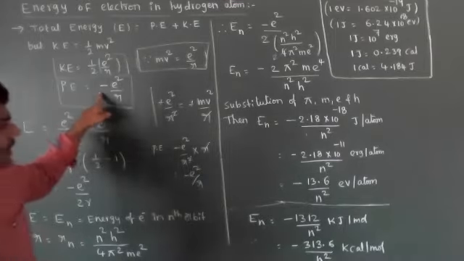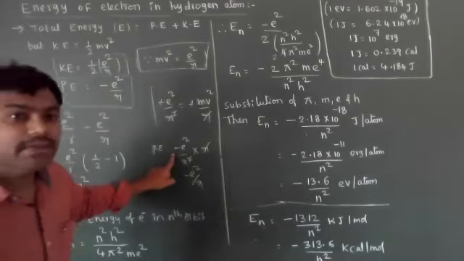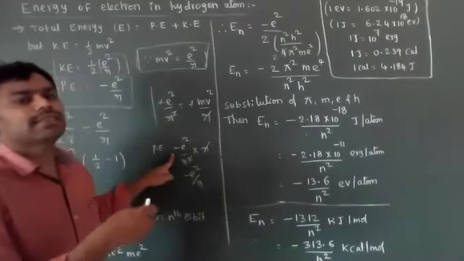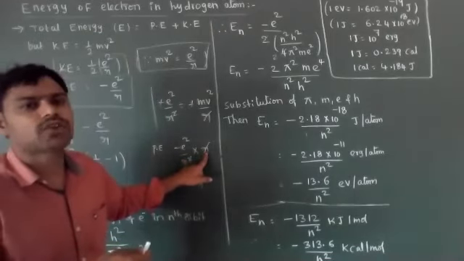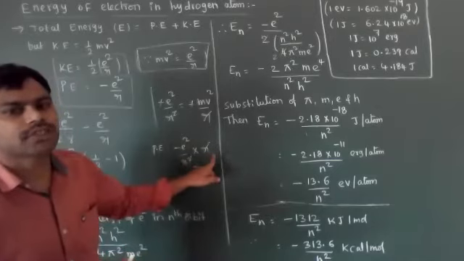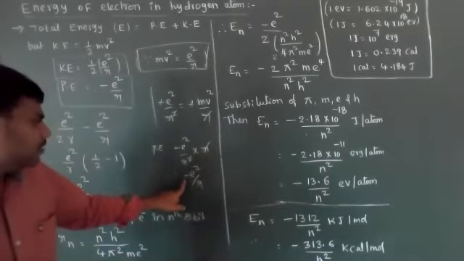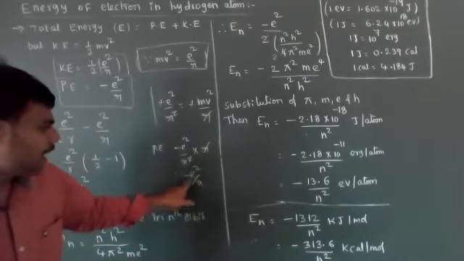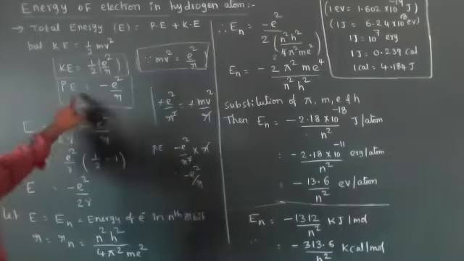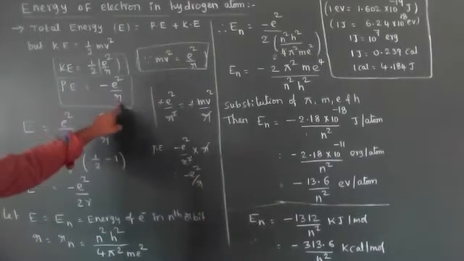So the potential energy is the centripetal force into the distance from the nucleus, which gives potential energy equal to minus e square by r.